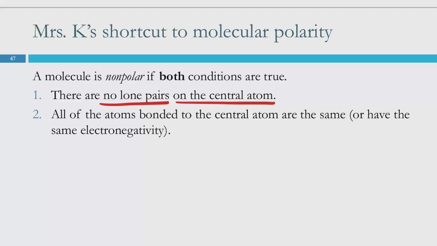If there are no lone pairs on the central atom, then we proceed to check 2. All of the atoms are the same or have the same electronegativity. All bonds are the same. If both of these conditions pass, then it's nonpolar.